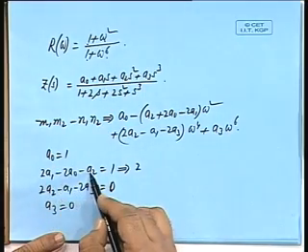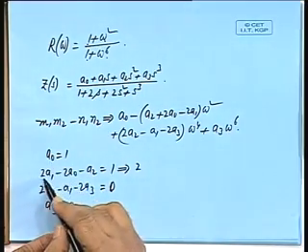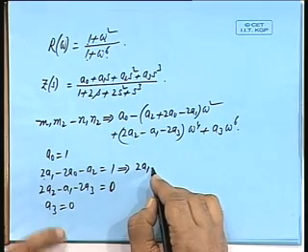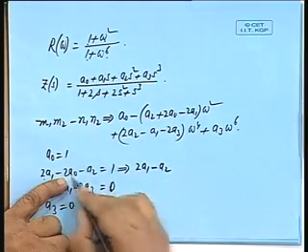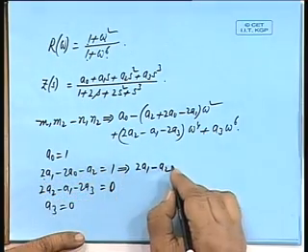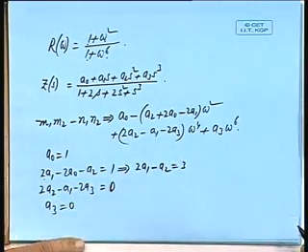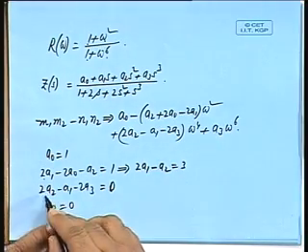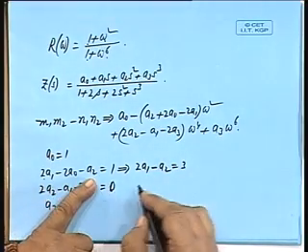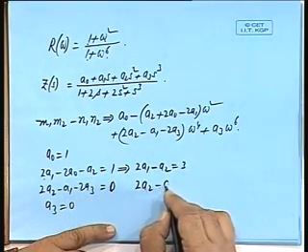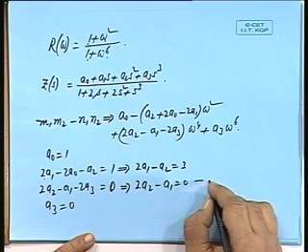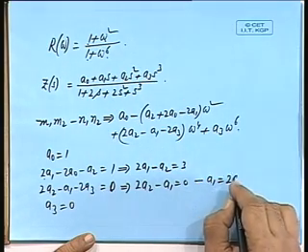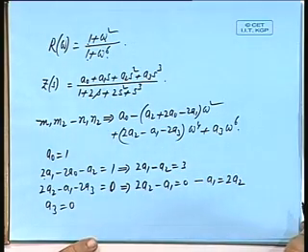So from here, if I substitute a0, what do I get? Twice a1 minus 2 minus a2 minus 2. If I bring it to this side, that will become equal to 3. Okay, and twice a3 is 0, so twice a2 minus a1 is 0. That means a1 is equal to twice a2.